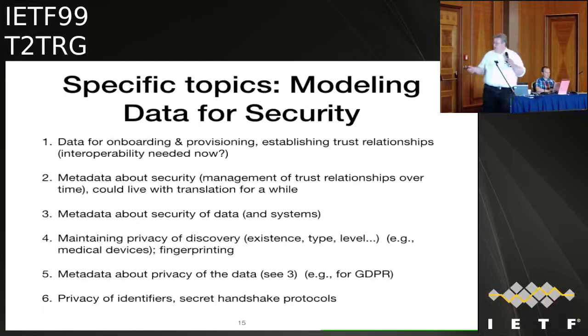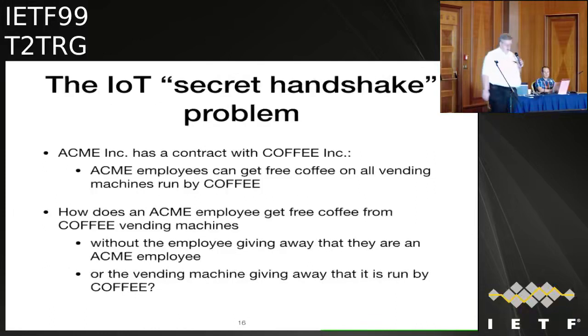And one particular thing we are interested in is getting progress on an area that we are calling secret handshake protocol. So the idea here is that you, for instance, can have a coffee mug that you carry to a coffee machine, and the coffee mug and the coffee machine find out whether the coffee machine is authorized to give you coffee.